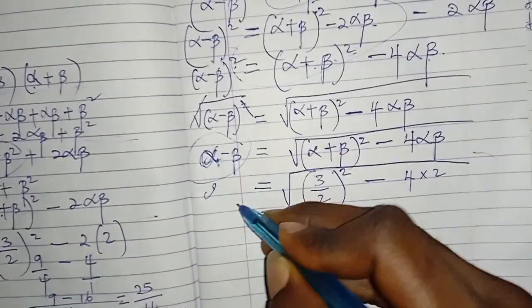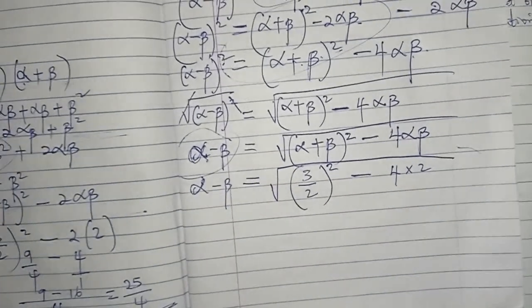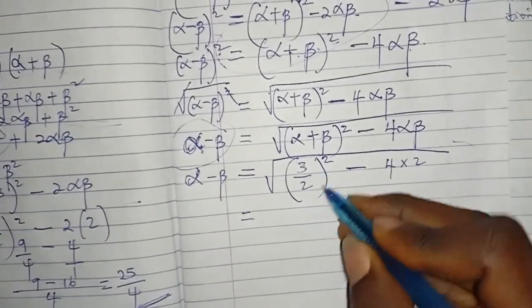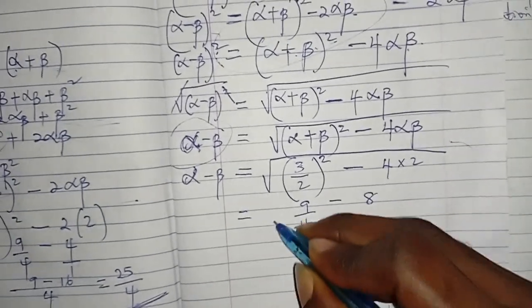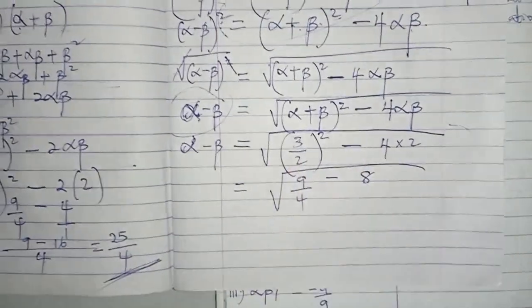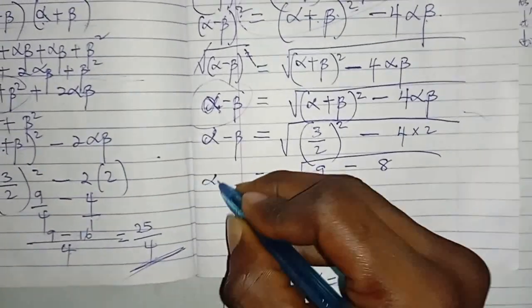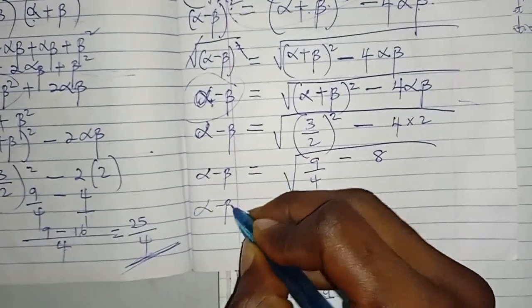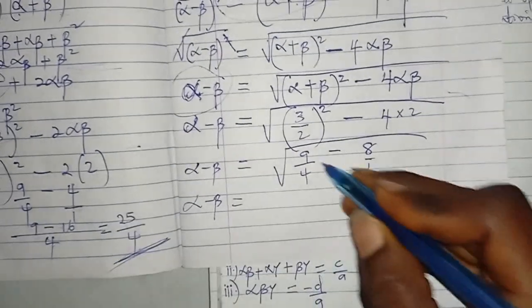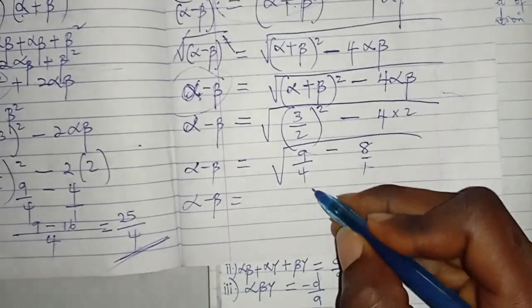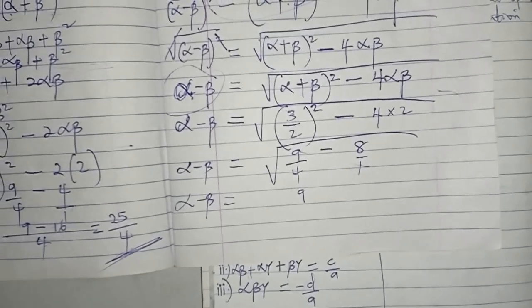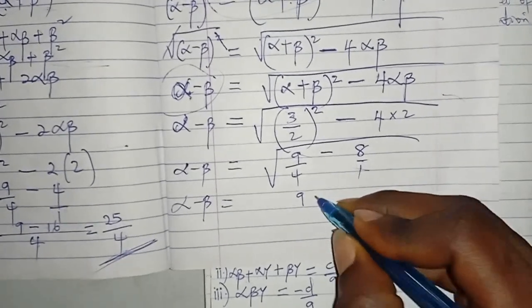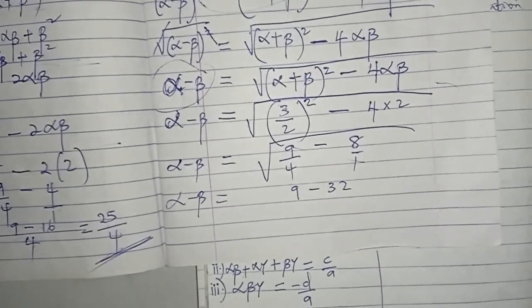Sorry, this is alpha minus beta. So this is the same thing as saying square of 3 is 9 over 4 minus 8. Take the square root. So alpha minus beta is going to be equal to, 9 times 1, 9. 4 times 8 is 32. Minus 32, because 8, 16, yes, 32.